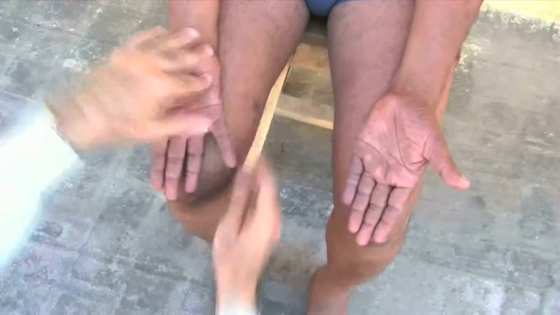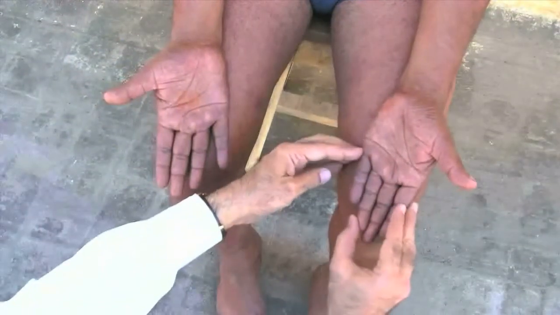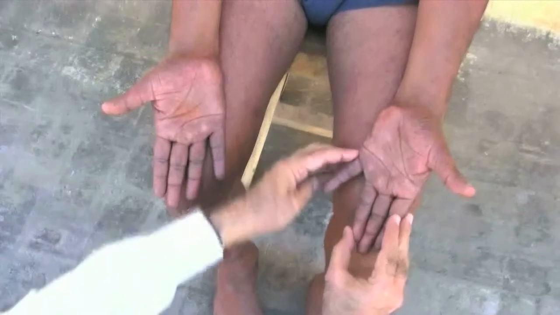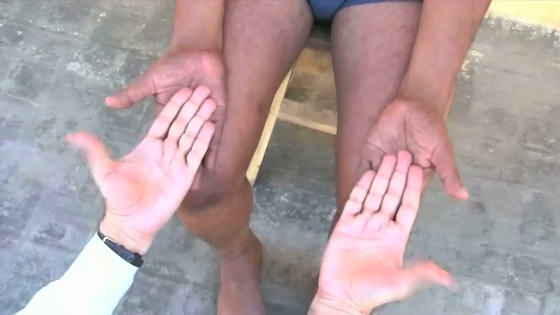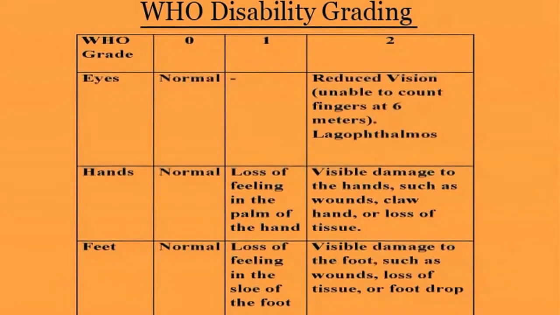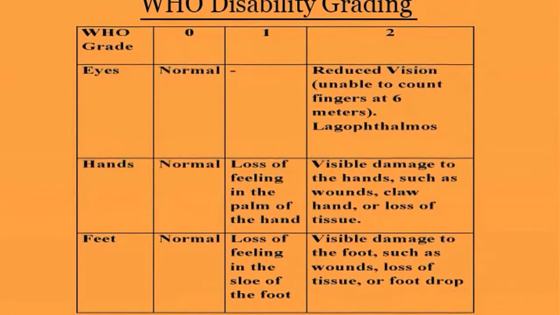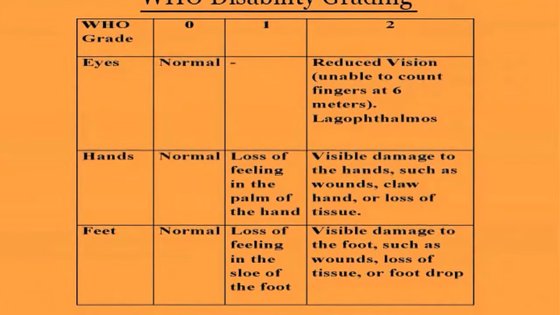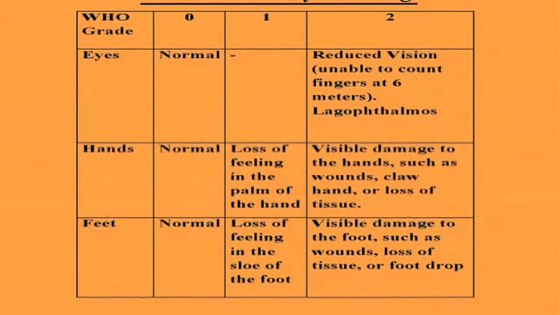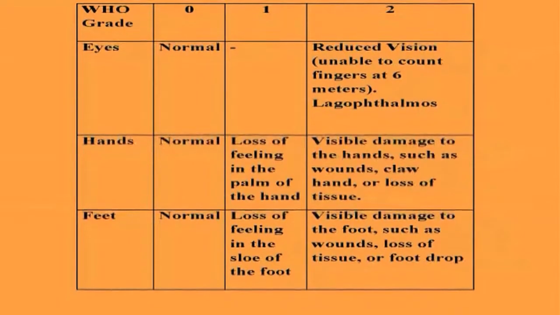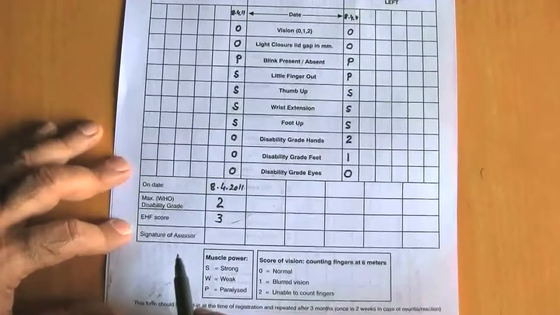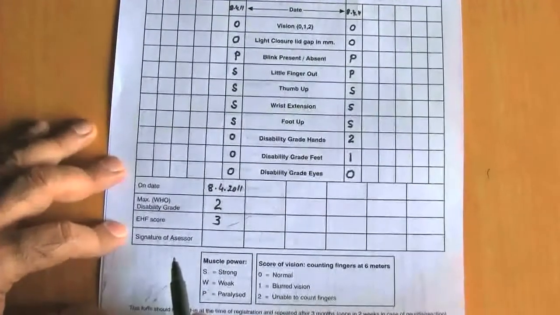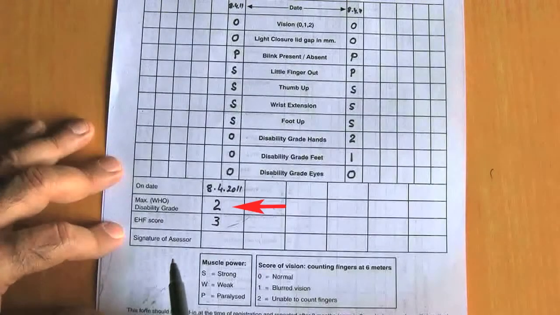All the peripheral nerves commonly affected are tested on both sides to detect the damage of the sensory and motor functions of the nerve. Eyes, hands and feet, both sides, are graded separately and receive a score of 0, 1 or 2. It is useful to record all 6 scores, but the grade for the person as a whole is the highest score in any of the 6 places.